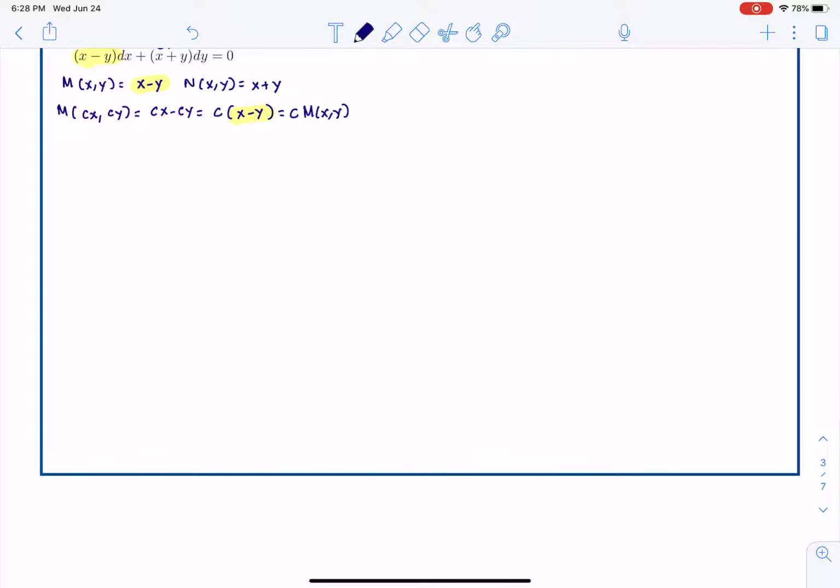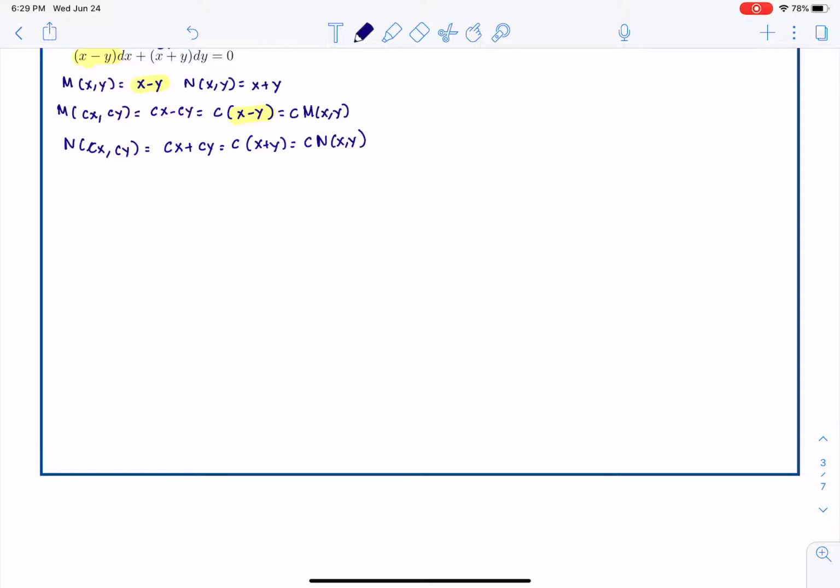So M is homogeneous. Likewise, N of cx comma cy equals cx plus cy. If I pull the c out, I have c times (x plus y). I get c times N of x comma y.